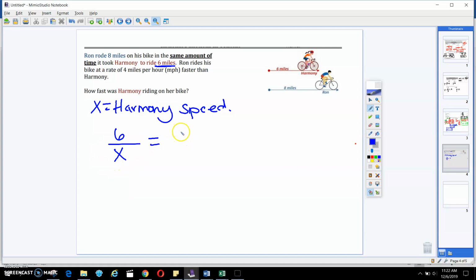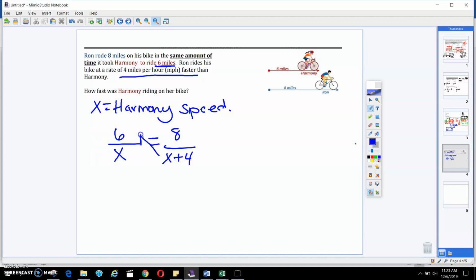And we set that equal to Ron, who rode 8 miles, over x plus 4 miles per hour. The reason we say x plus 4 is because he was riding 4 miles per hour faster than Harmony. So that is how we set up this proportion.